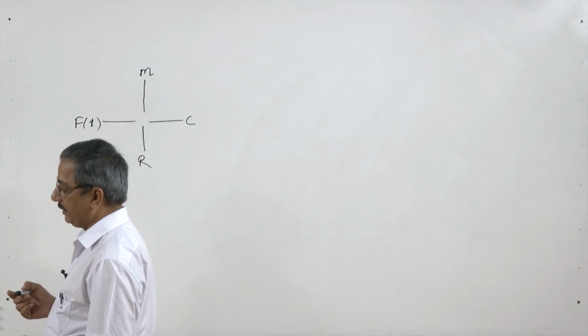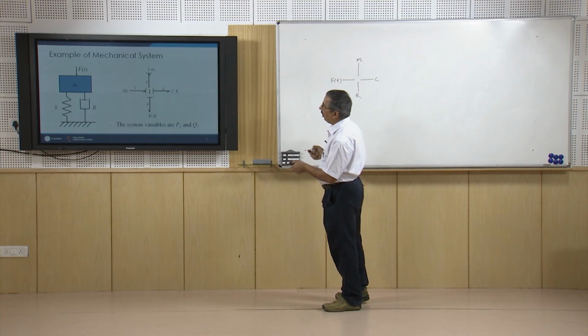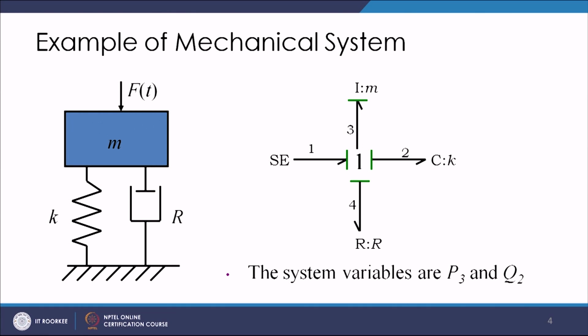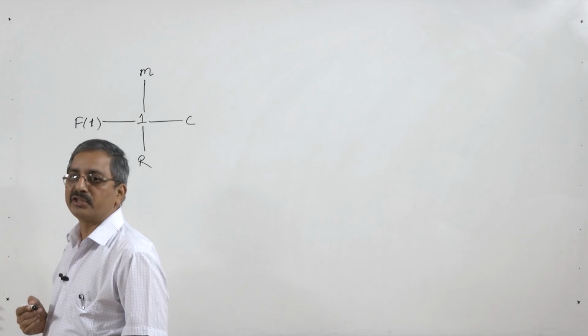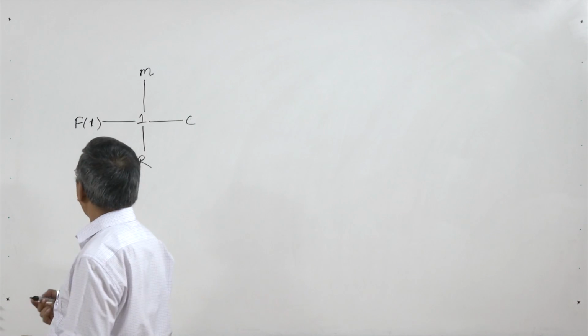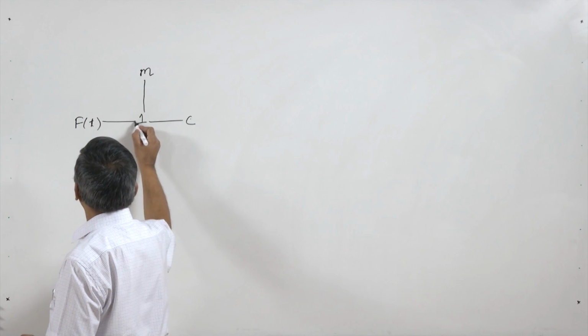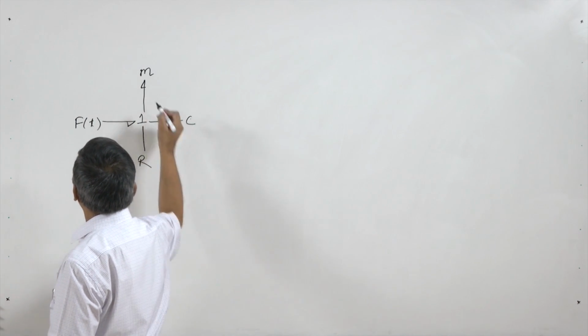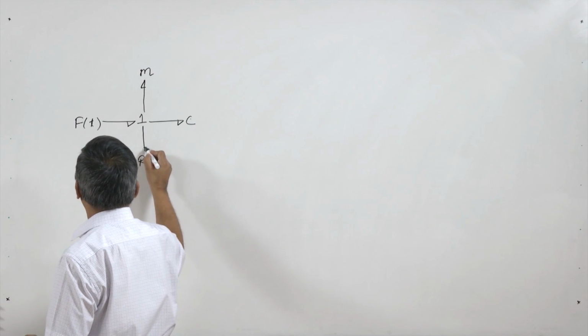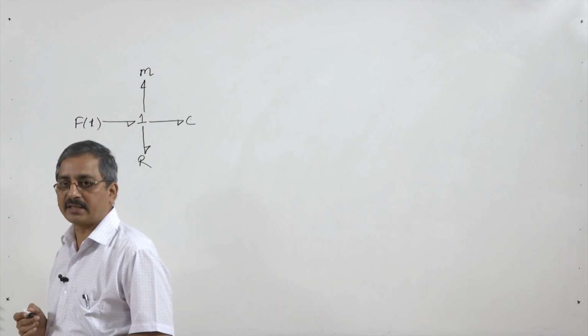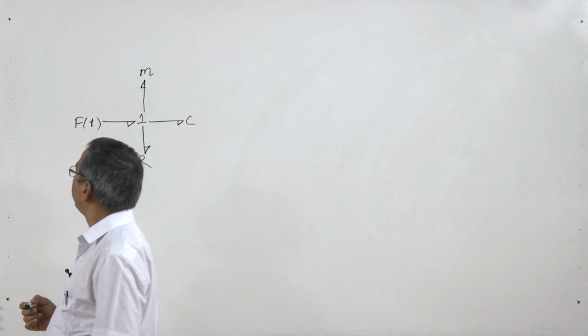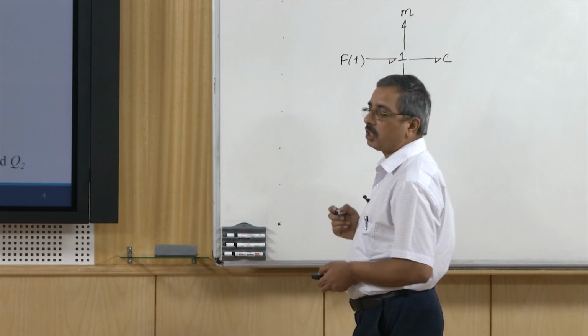All these elements, plus the force, have the same velocity, so we can put a constraint of 1, which is the constant flow constraint. After this we put the power direction, which is as good as fixing the coordinate system in conventional mechanics, and then we can causal this bond graph.